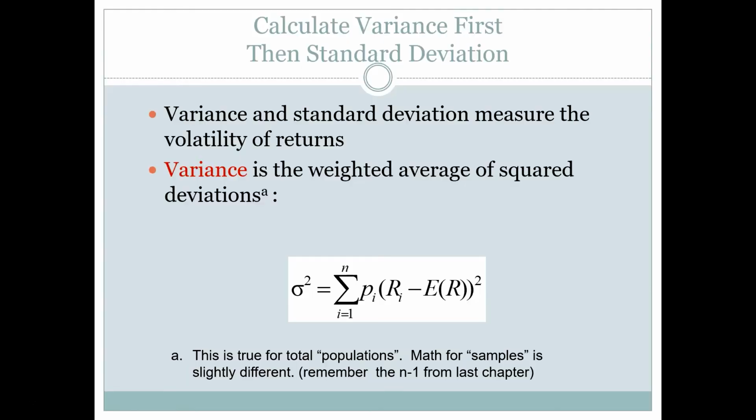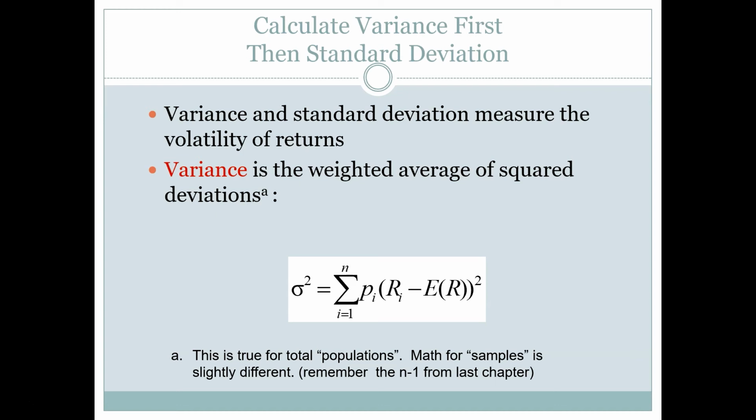So how do we actually estimate a measure of risk? Well, that is by a formula called the Variance Formula. And the variance is the weighted average of squared deviations from the expected return, which is a mouthful. But again, don't get intimidated by the formula. The formula is just a different language, and you just have to be able to translate the language.